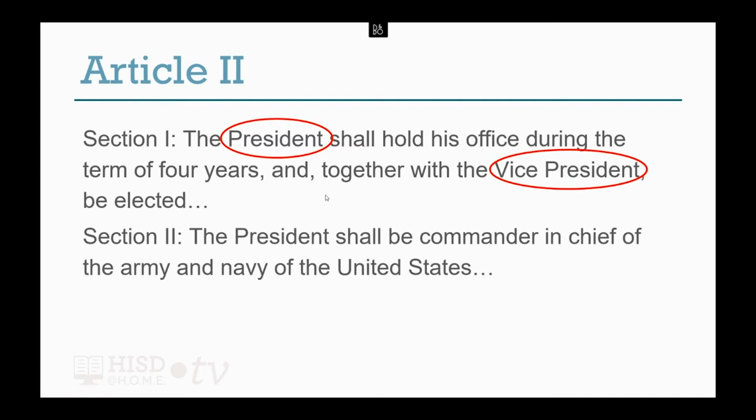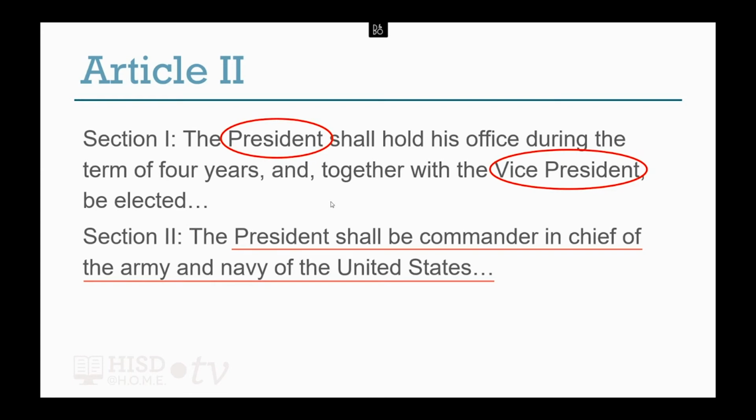So according to Section 2 of Article 2 of the U.S. Constitution, it says the President is the Commander-in-Chief of the Army and Navy of the United States. So that's one power of the President based on the Constitution. Again, those powers are separate from the branch that was discussed in Article 1, which is the legislative branch.